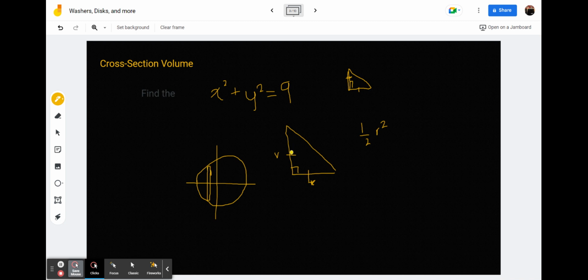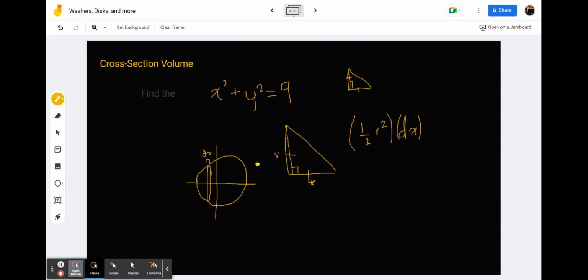In this case, we're adding up a bunch of very thin strips of these triangles, and we're creating the volume. How thin? Well, we'll multiply this area times a width of dx, where dx means that very, very small change in x, and that's the width that we're multiplying.